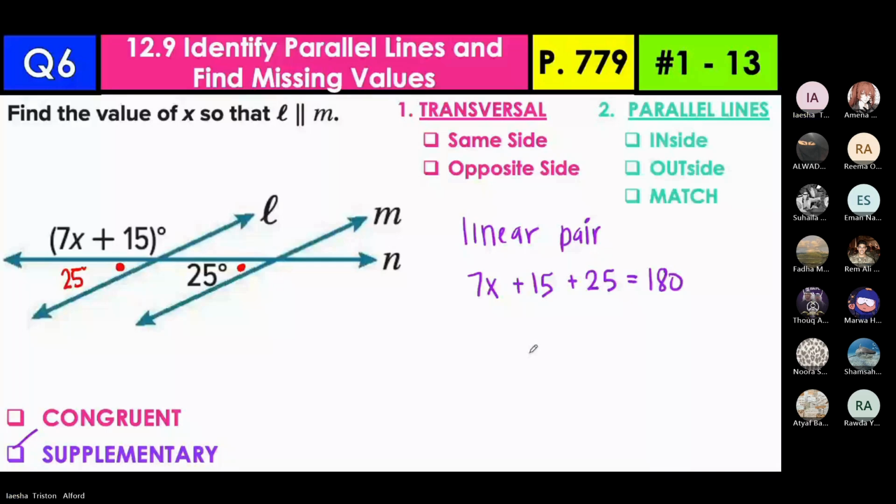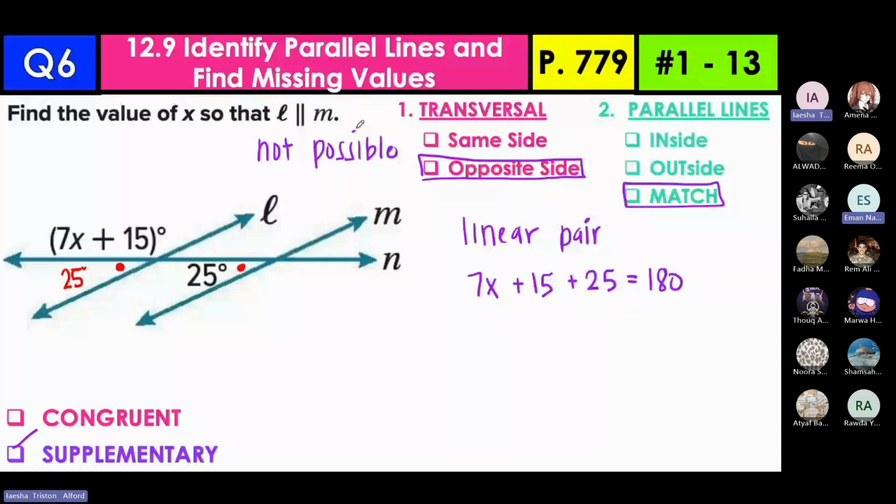So that's it. Let me say it again. If you have opposite side and match, it is not possible. It doesn't have a name. If it's not possible, then you need to find a corresponding and write another equation.